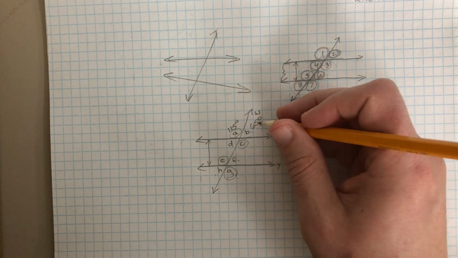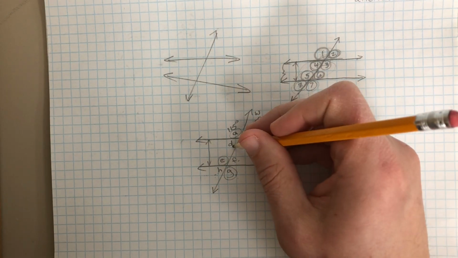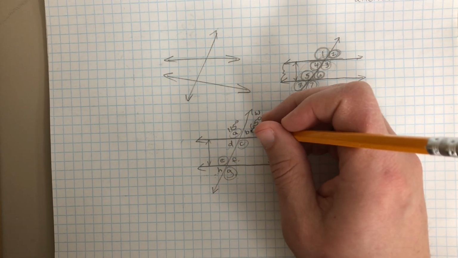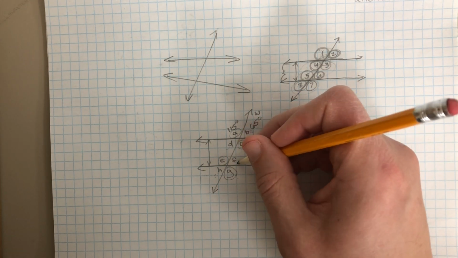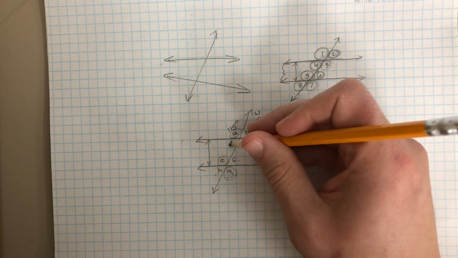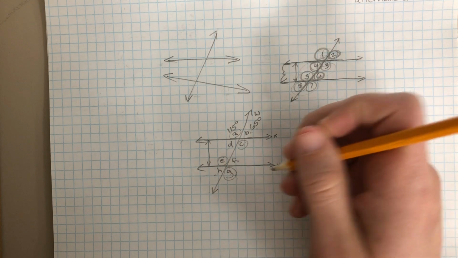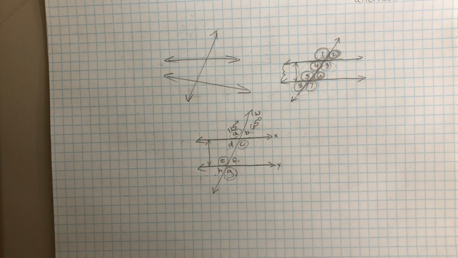And if B is 65, then D is 65 because D and B are vertical angles, and vertical angles are congruent. If D is 65, then F is 65 because they're alternate interior angles. And if F is 65, H is 65 because they are vertical angles.